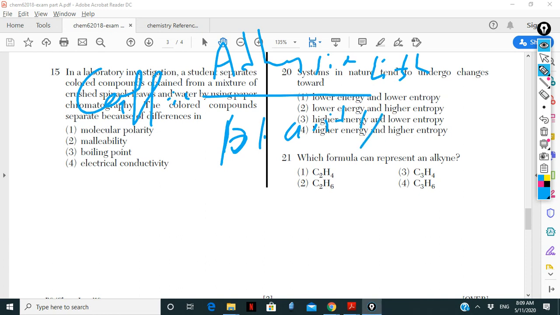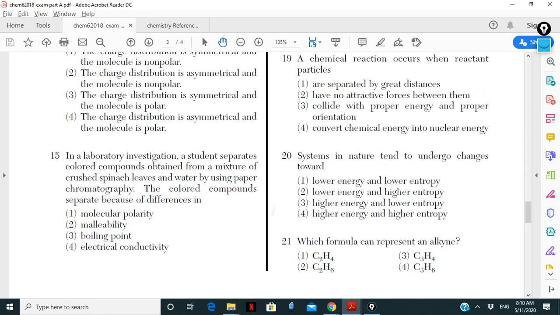So it's measuring whether the substance likes to be more in the solvent or on the stationary phase. So it's about the polarity, because if it's more polar, it's going to be more soluble in the water, and if it's less polar, it's going to be retained on the surface of the chromatograph. So the answer is 1.